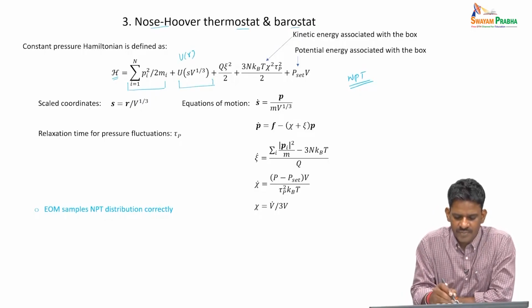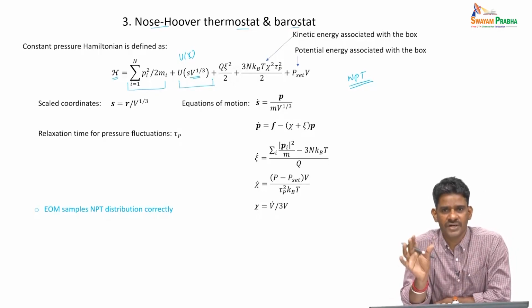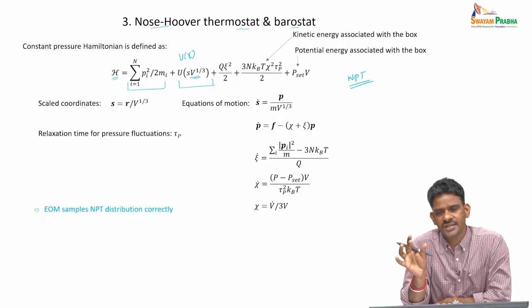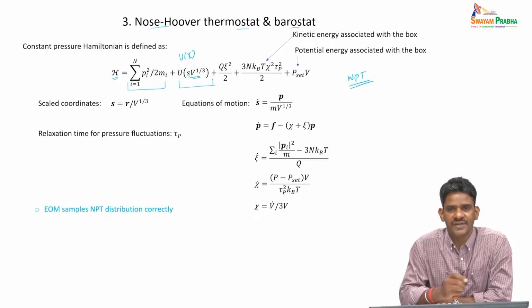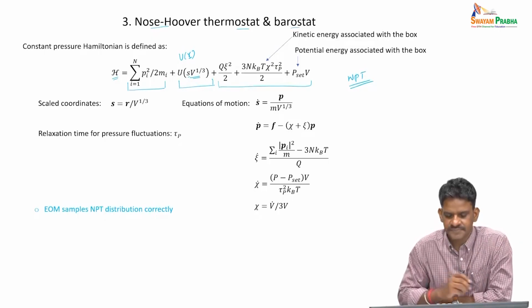U of r, but instead of r we are writing this in terms of some scaled variables, because the volume is not constant now. Whenever the volume changes, the particle positions will have to be rescaled. So we often use this scaled variable s. In addition to this, we have 3 additional terms.